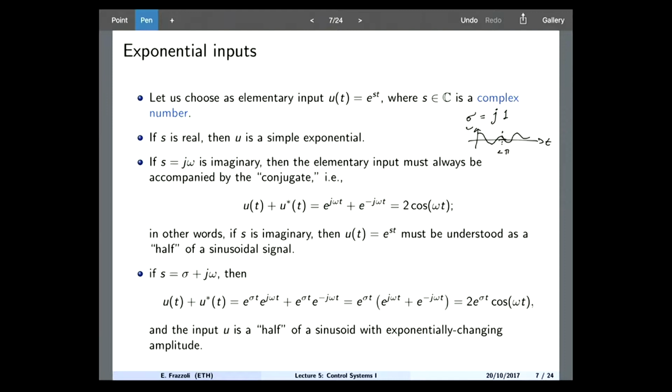Mathematically, I can set u equal to e to the power jt. In practice, I cannot do it. I cannot have an experiment that does that, right? If I want to do an experiment, I always have to add the complex conjugate input. So to a complex input, I have to add the complex conjugate so that the input will be real.